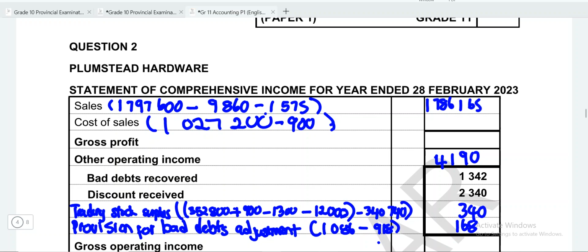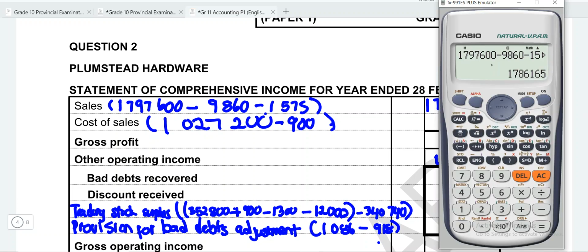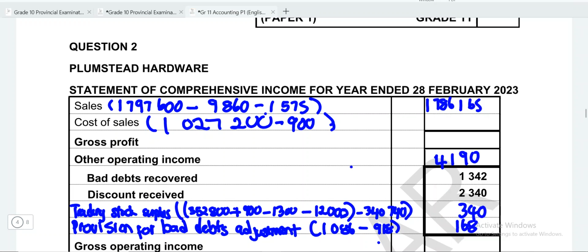Let's check if the calculation was done correctly. 1,797,600 minus 9,860 minus 1,575. It gave us 1,786,165. So if we say 1,027,200 and then we say minus 900, it is going to give us 1,026,300. So we're going to have 1,026,300 here.